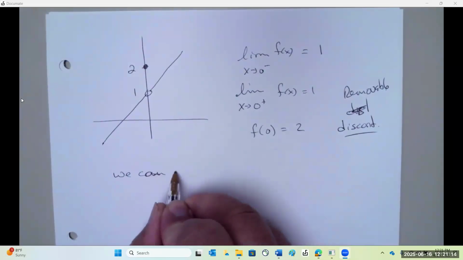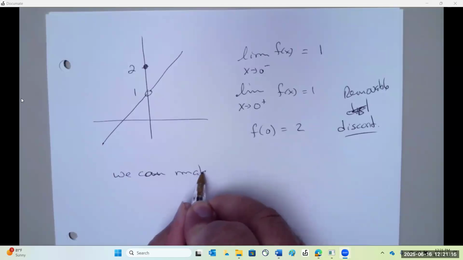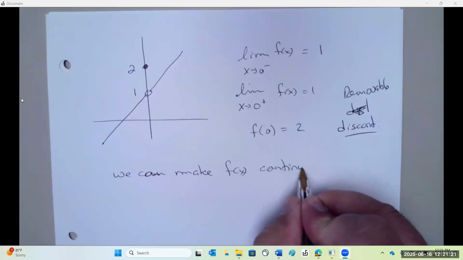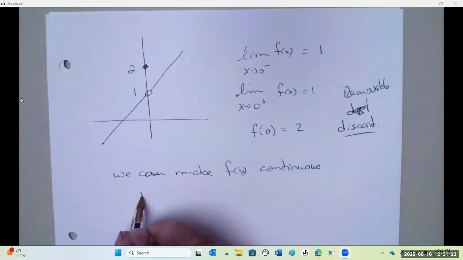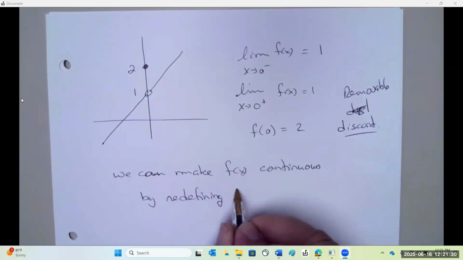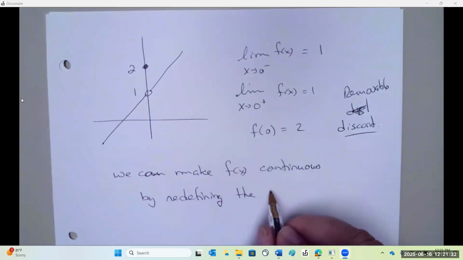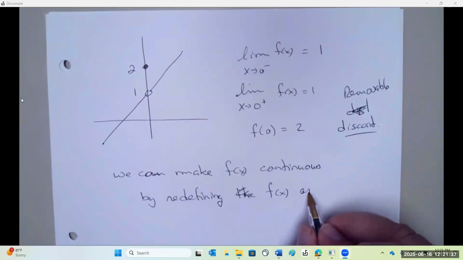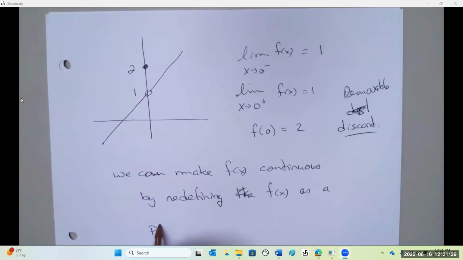We can make f of x continuous by redefining f of x as a piecewise defined function.